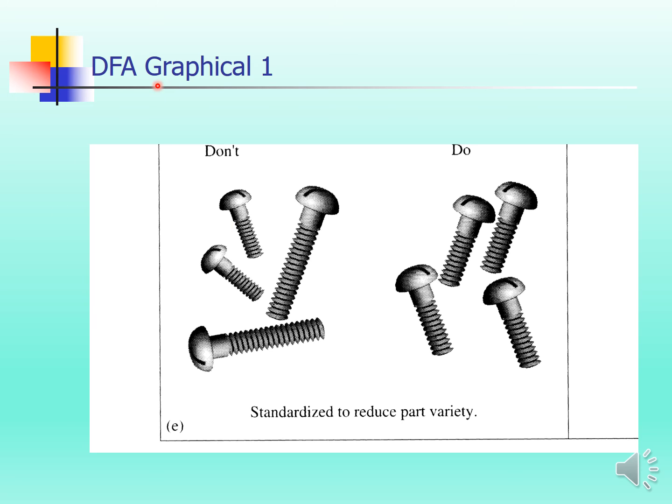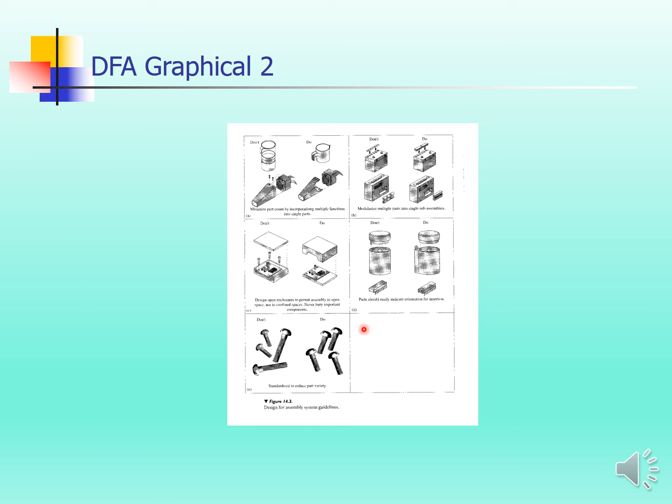When you design, do not design screws of the same type but different lengths. Try to standardize using the same screw, the same type and the same size, as you can see in the figure.